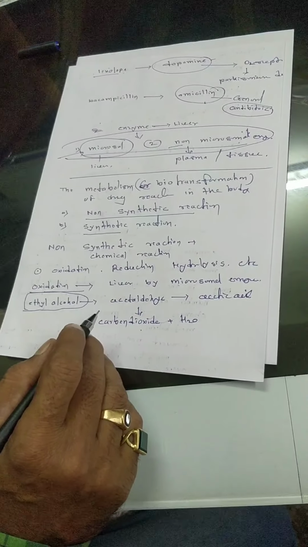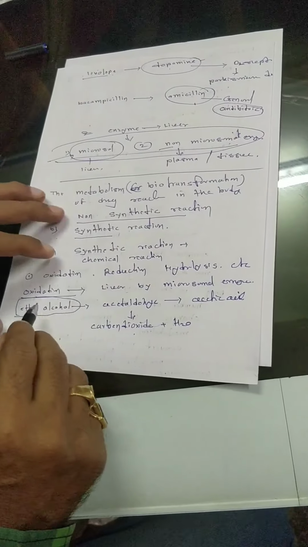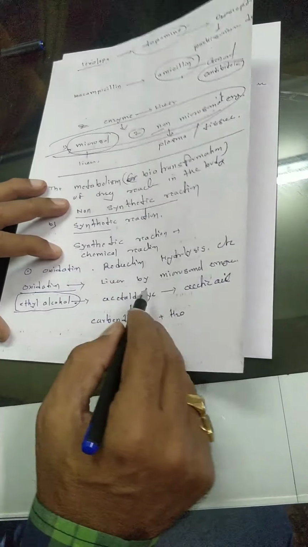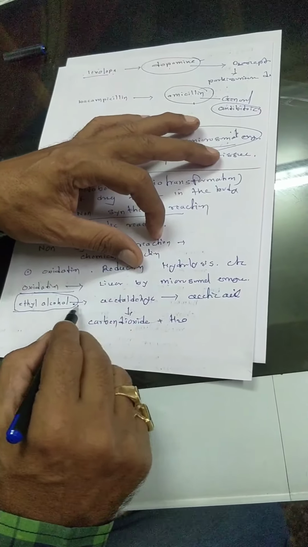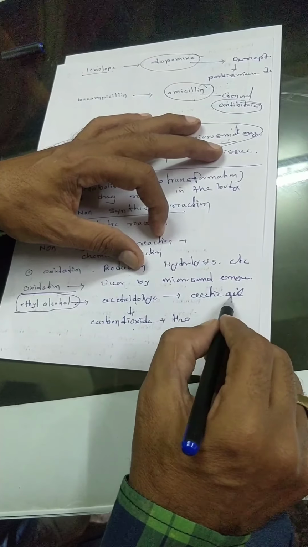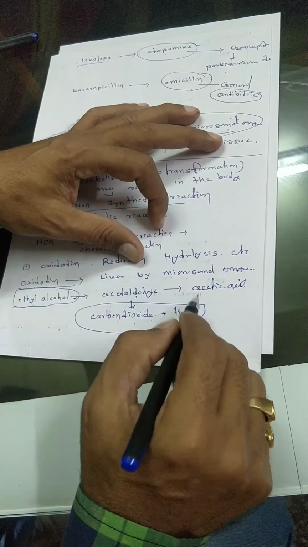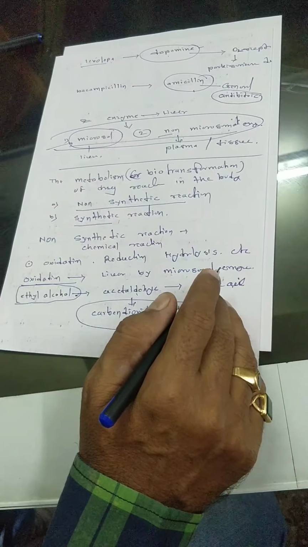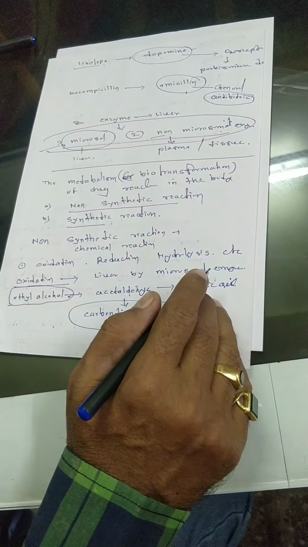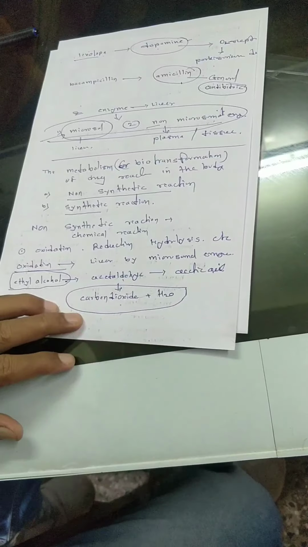When you intake alcohol, for example in the form of wine, it is converted in the liver to acetaldehyde, then to acetic acid, and finally carbon dioxide gas is released.